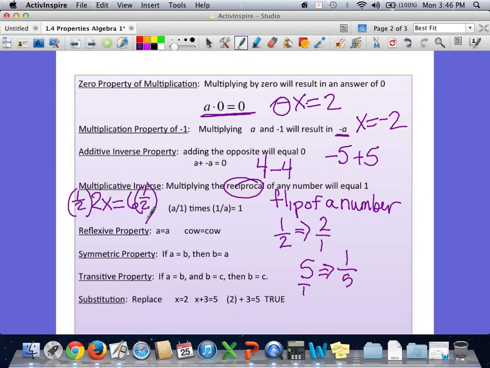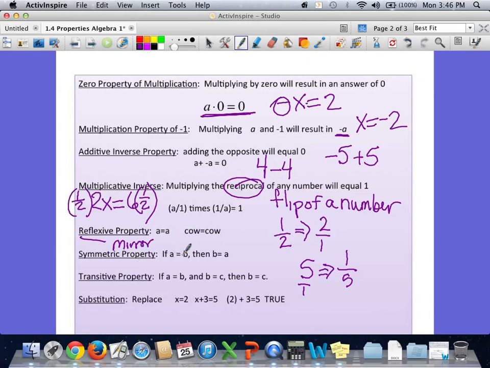Reflexive property is like reflecting and looking at itself in a mirror. Reflecting, you think of a mirror. So it's the same on both sides. A equals A, cal equals cal, same thing. Symmetric property says that you can switch the order.